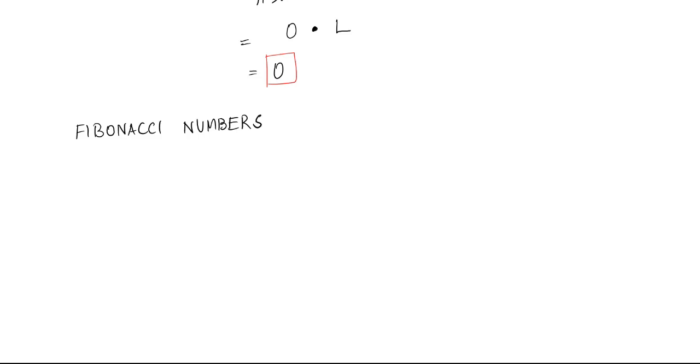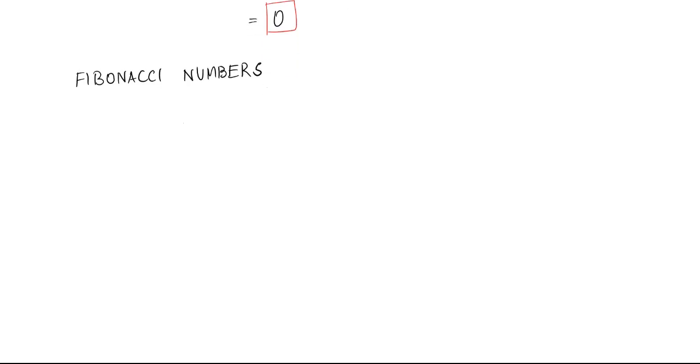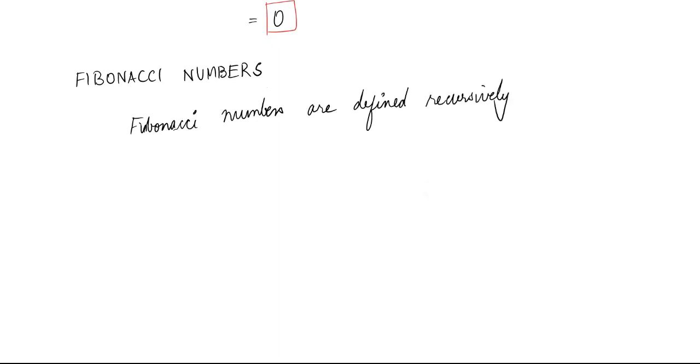And so I just wanted to give you a quick glimpse of that to see how this matters. Fibonacci numbers are defined recursively, meaning one term is written in terms of the previous terms.